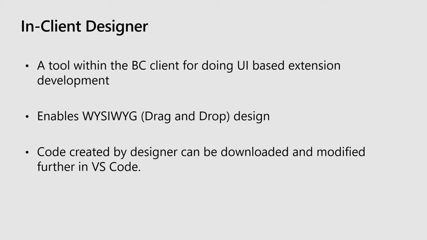Another tool that we provided is called the In-Client Designer. So this is useful if you want to develop UI, but you want to do it from the UI. So you actually get to open up Business Central in the concept of a designer and start moving fields around. You can drag and drop them. You can hide them. You can move them wherever you'd like across groups, put one after another thing.